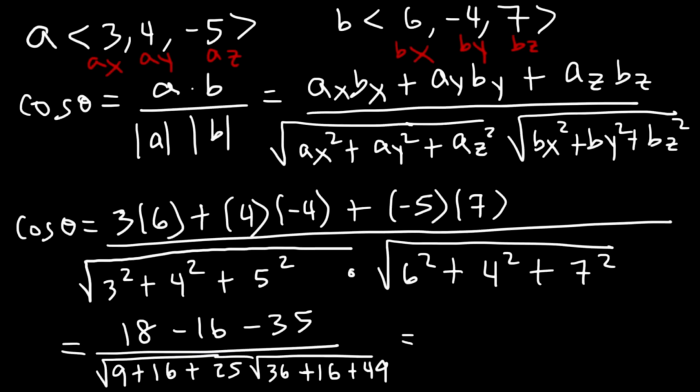18 minus 16 is 2. And 2 minus 35, that's negative 33. 9 plus 16 plus 25, that's 50.